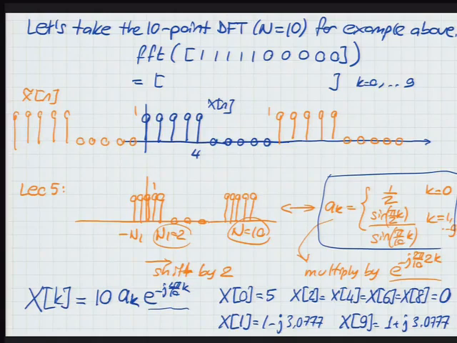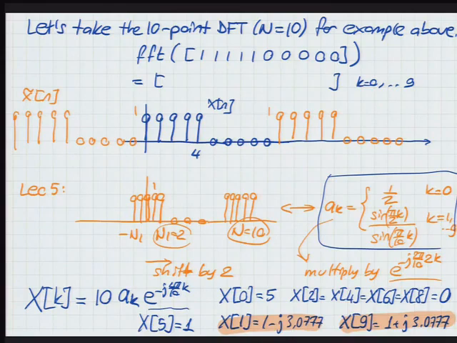And x of 5 is 1. X of 7 is a complex number, something messy like this. But x3 is the complex conjugate of that. So the takeaways are that x1 and x9 are complex conjugates, and x3 and x7, which I'm not writing but are in the notes, are also complex conjugates.